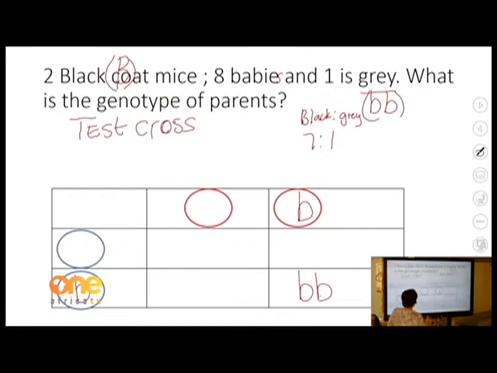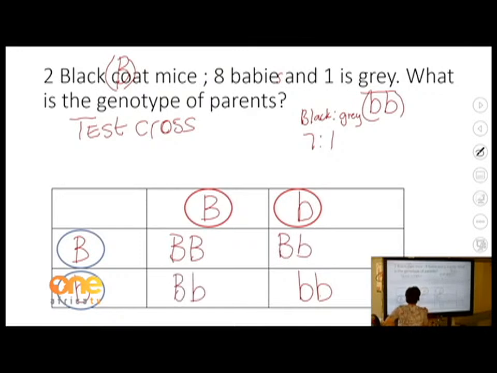So the parents must be heterozygous. Black, that gives me 1 out of 4 will be gray, and the rest will be black.